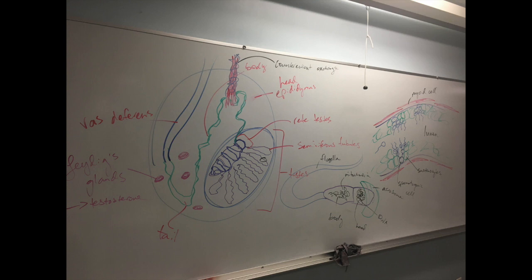This tube is called the epididymis, E-P-I-D-I-D-Y-M-I-S. When the epididymis ends, it forms a thicker, more muscular tube that comes out of the testicle and goes to the rest of the body. You know what that's called. What's the last tube? Vas deferens, V-A-S D-E-F-E-R-E-N-S.